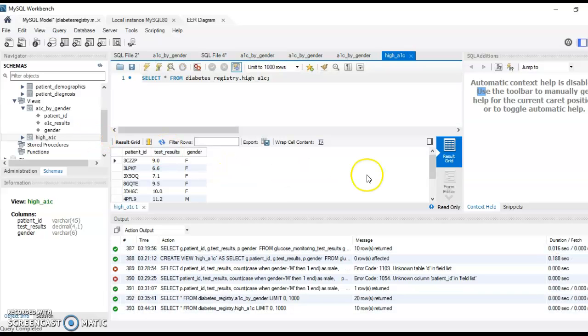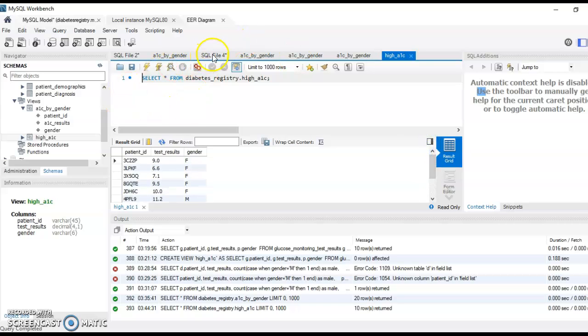I didn't count how many, but it's about an equal amount of high A1Cs between the male and females, but I also included the gender as well. And these are all the A1Cs above 6.5, 6.5 and up.